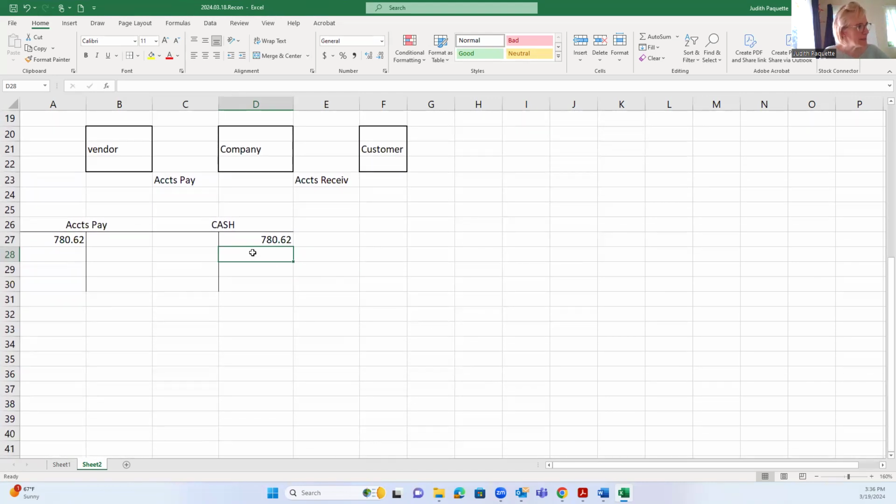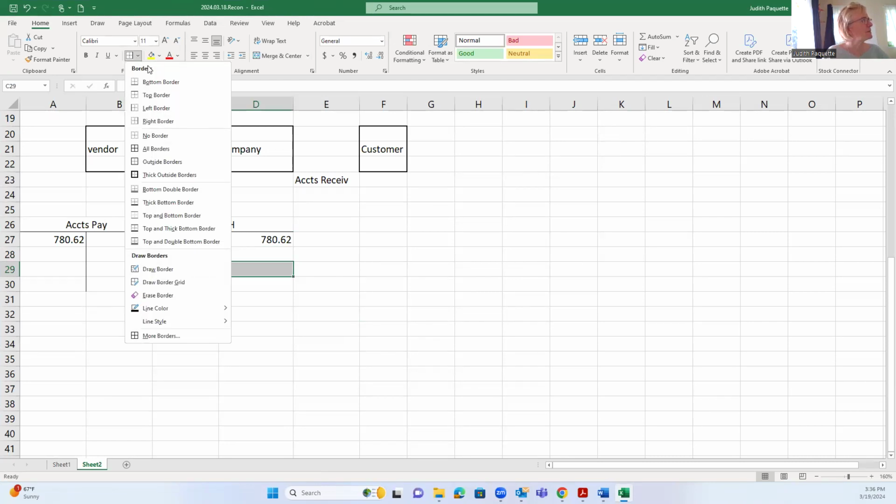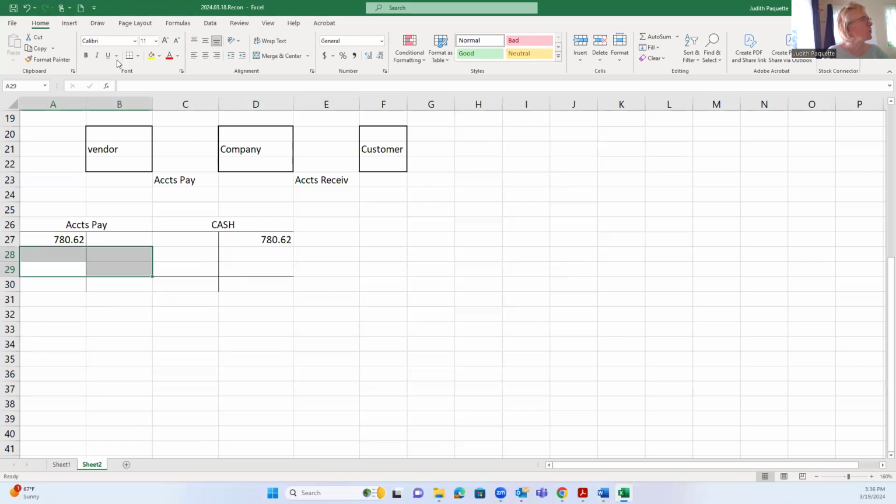They should fix it so that after they've fixed it, let's assume that's one transaction just to make things easy. After they're done fixing it, it should be 708.62. So tell me what they have to do to cash to make it go from 780 to 708. The difference is $72. Do we need a debit to fix it or a credit to fix it?